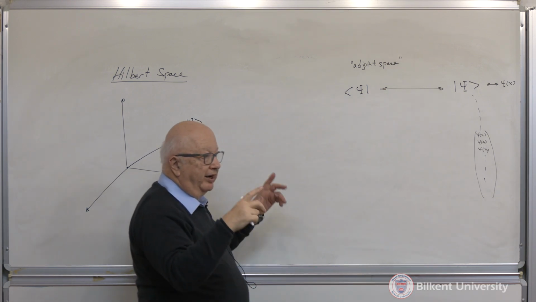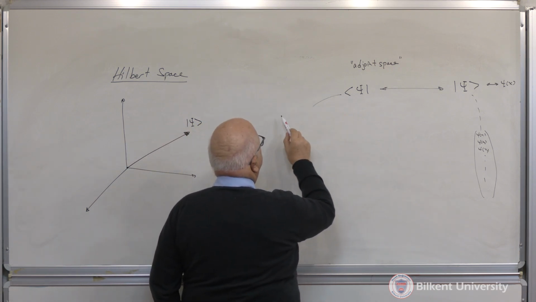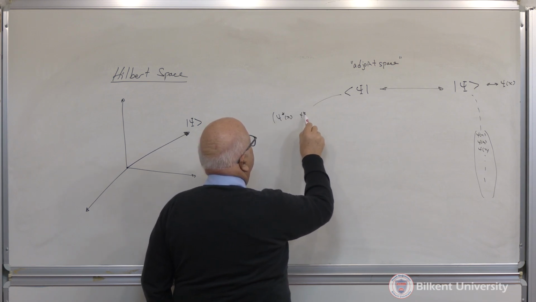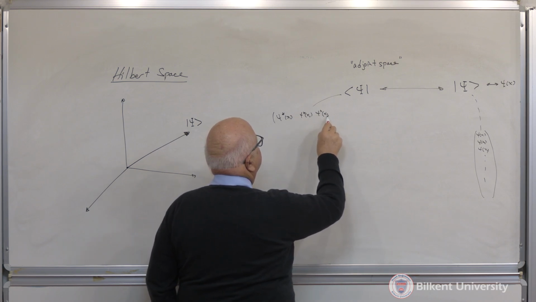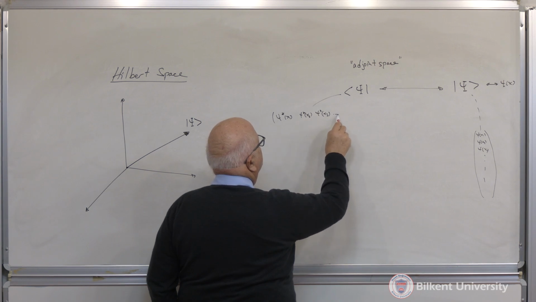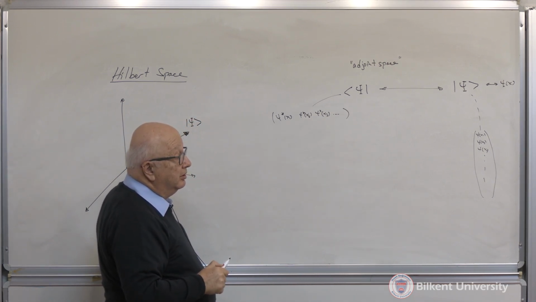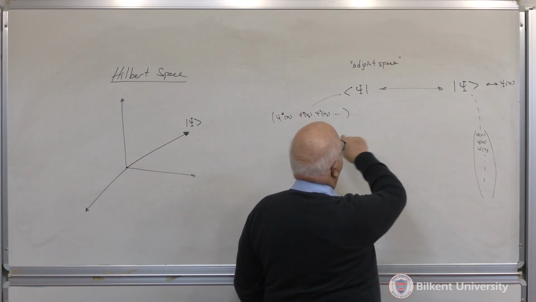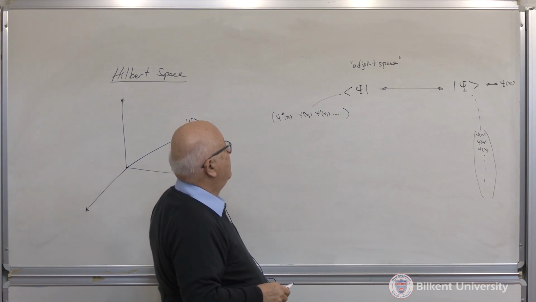They form a bracket when they come together. So this is something which looks like psi star of x1, psi star of x2, psi star of x3, and so on. So it's the Hermitian adjoint of that vector.